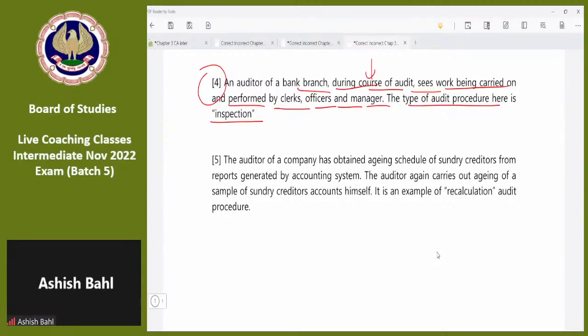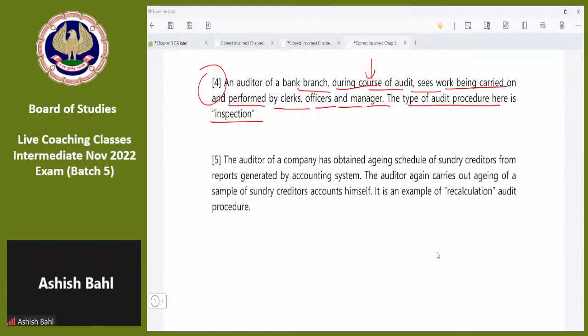So what type of audit procedure is it? Say the auditor is seeing how the cashier opens his cabin and how he makes his records. Yes, only reply of Janvi.